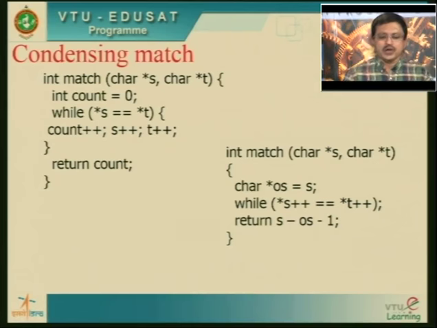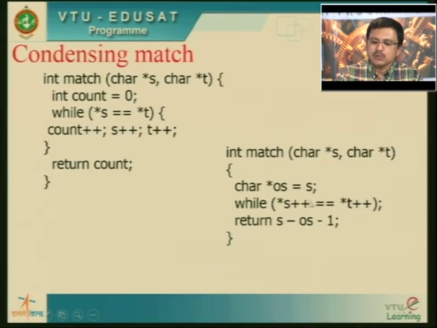So, we can use the pointer arithmetic to condense the code that we have written for match. If you see here, there is a while loop and there are 3 increments. I can avoid all those things by doing this. So, I have a local variable OS which points to the address of the character array pointed by S. Then I will do just this, star S plus plus, star T plus plus. Okay, because of the way in which I have used the post increment, while returning I have to manipulate that appropriately.